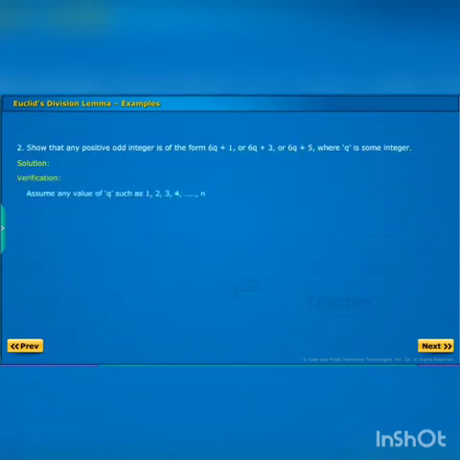Verification. Assume any value of q such as 1, 2, 3, 4, and so on up to n.